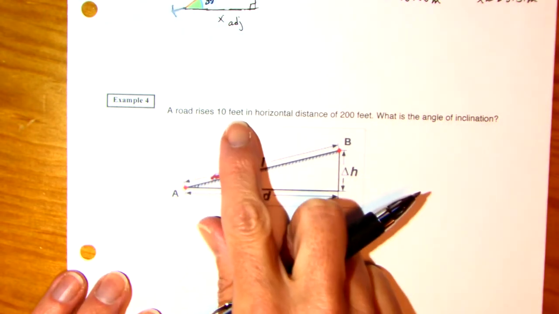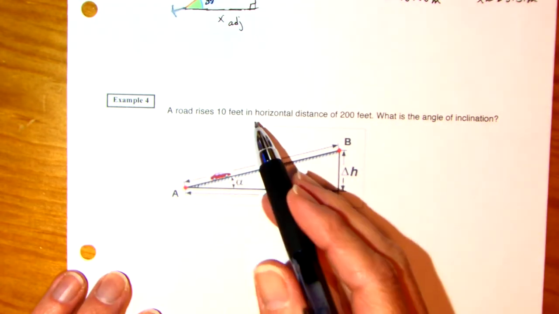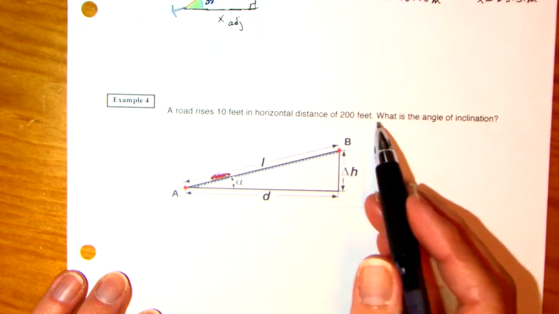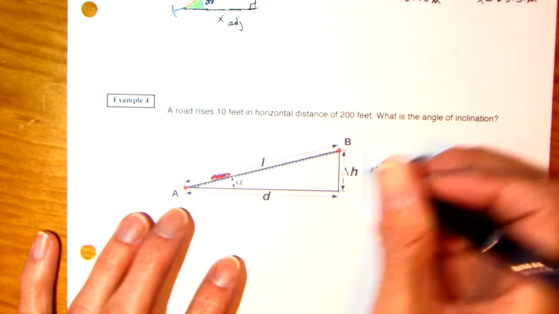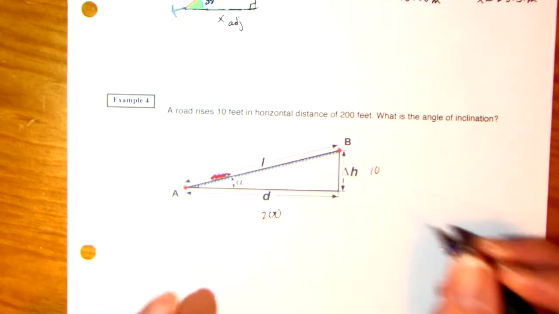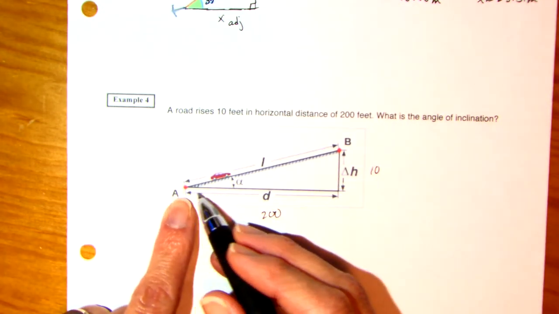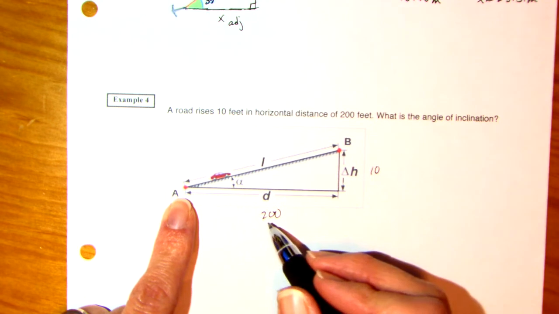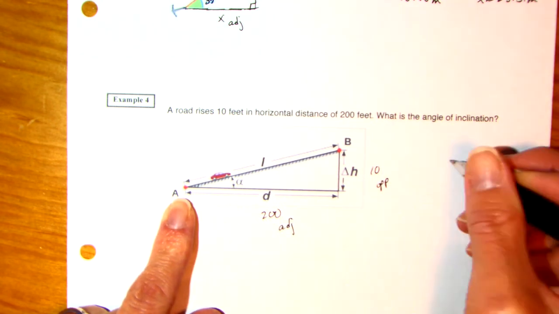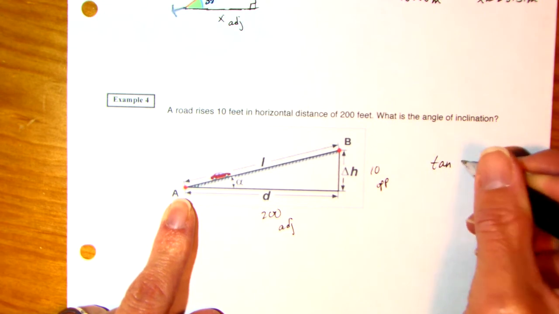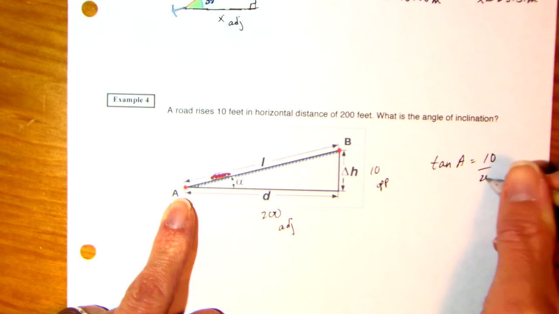A road rises 10 feet in a horizontal distance of 200. What is the angle of inclination? Okay, so it's going to go up 10 for every 200. So according to this angle, I have opposite and adjacent. Well, that's tangent. So tangent of angle A is equal to 10 over 200.